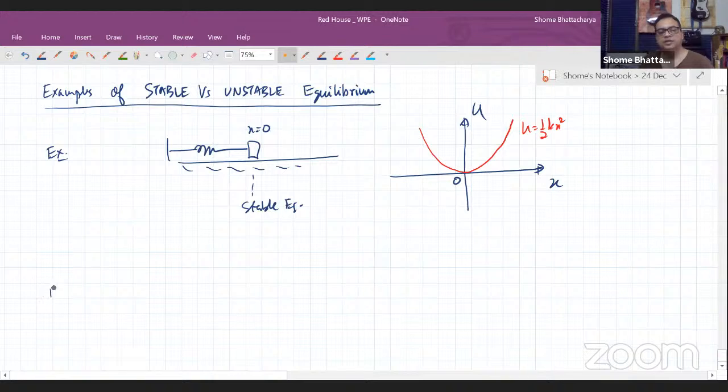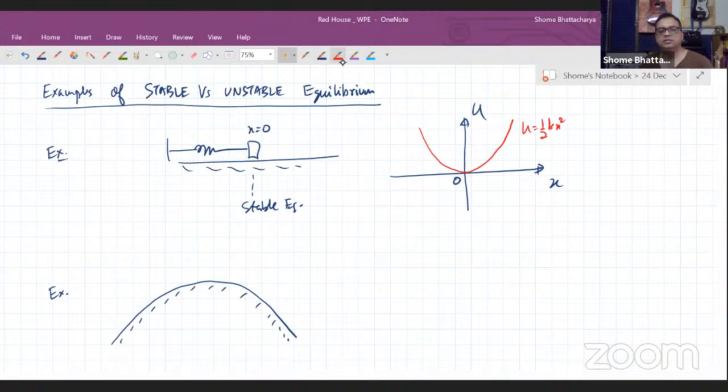But another example could be that suppose we consider a system where we have a smooth slope like this. Now this is not exactly a 1D system, but anyhow we'll understand. The potential energy is a 1D function. So this is a smooth slope.